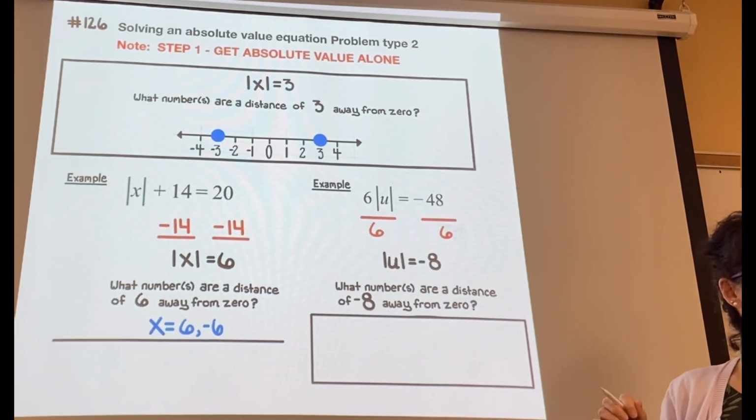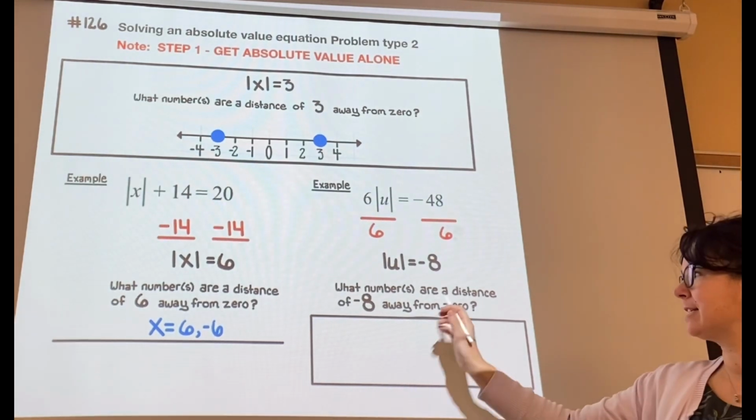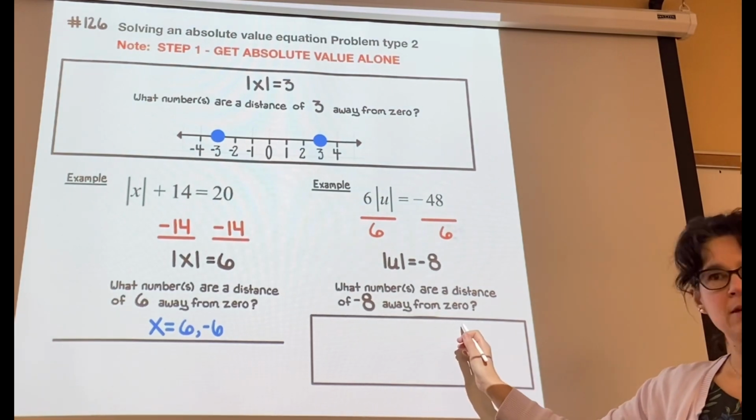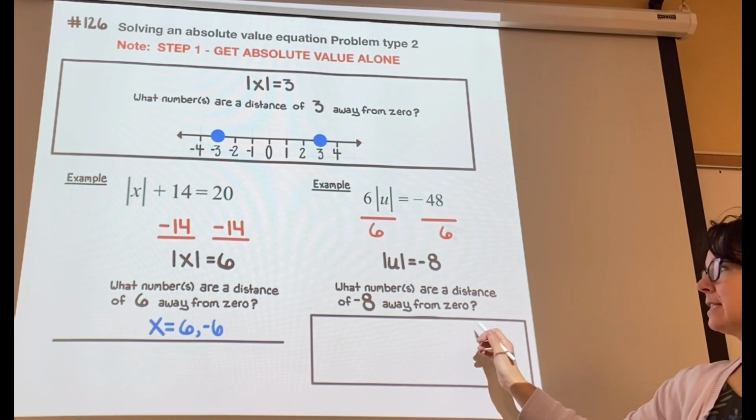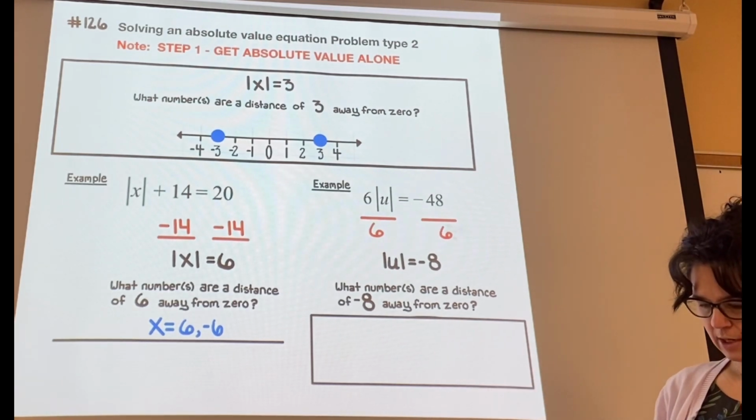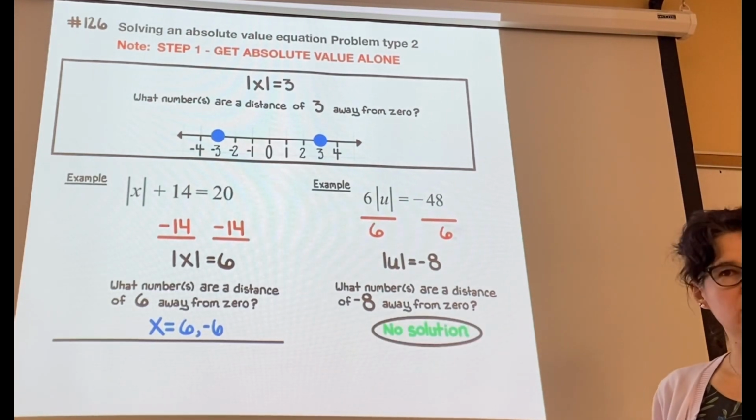Can you take out a tape measure and measure a distance of -8 away from 0? No, it's impossible for distance to be negative. So this one is no solution.